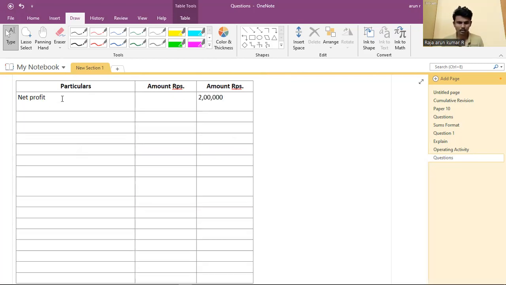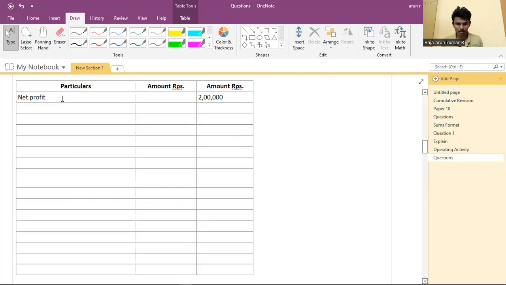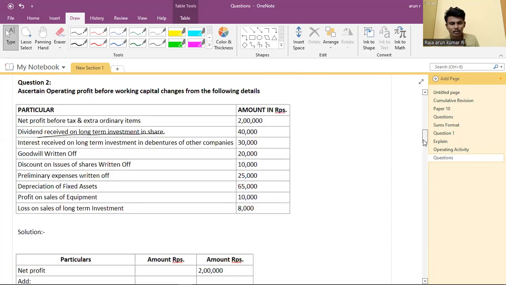Then what they have given? Add. What are the things we add? Goodwill written off, just tick it. Goodwill written off, discount on issue of shares written off, that is also amortization.